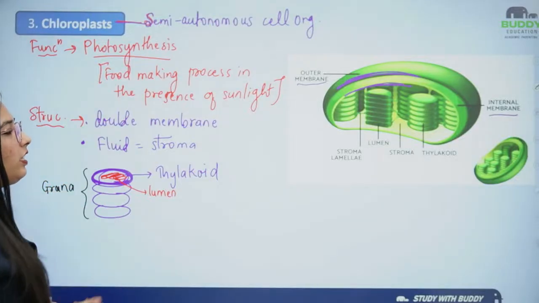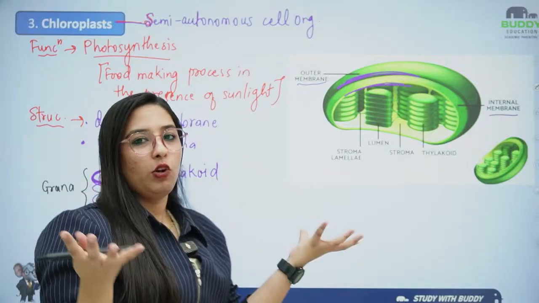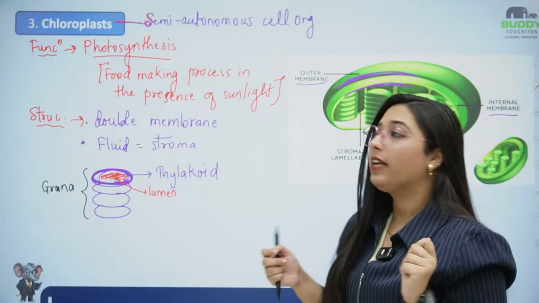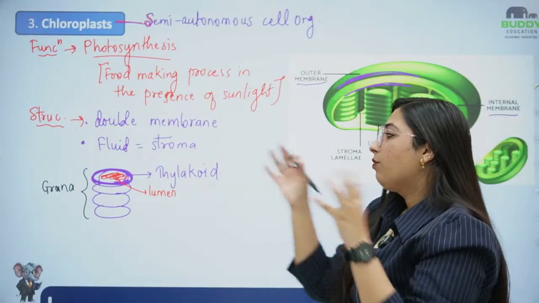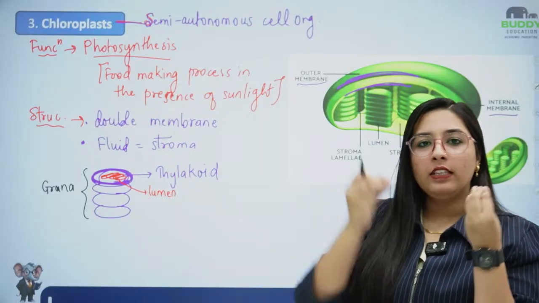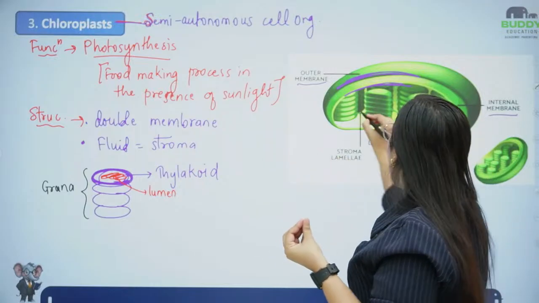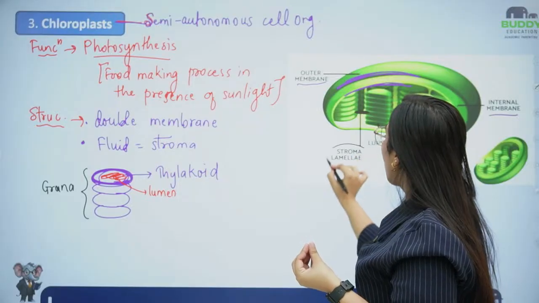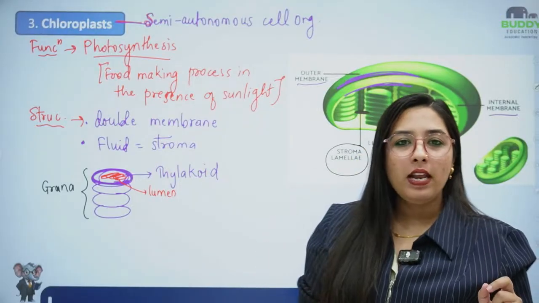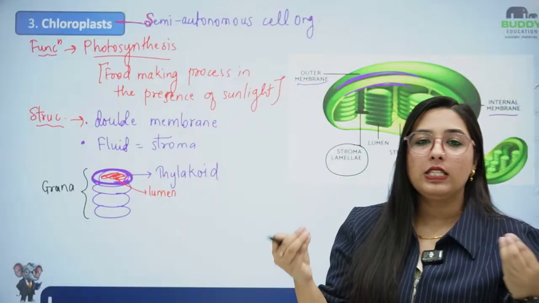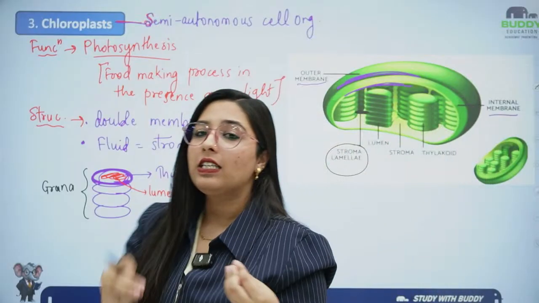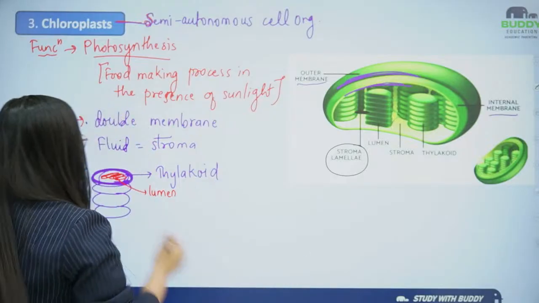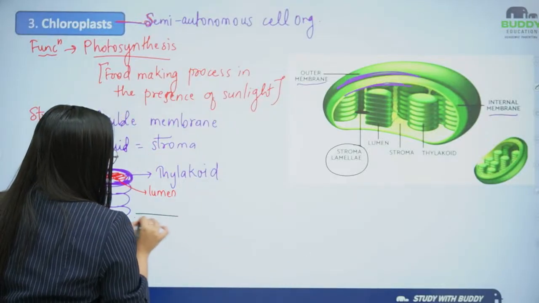One is known as granum, and when I'm talking about all the stacking, I'm talking about grana, which is the plural form. So this one granum is connected to the other grana by a bridge-like structure, and this bridge-like structure is known as stroma lamellae. Why stroma lamellae? Because this bridge is present in the stroma. That's why this bridge is known as stroma lamellae. So this is one grana and this is my other grana.